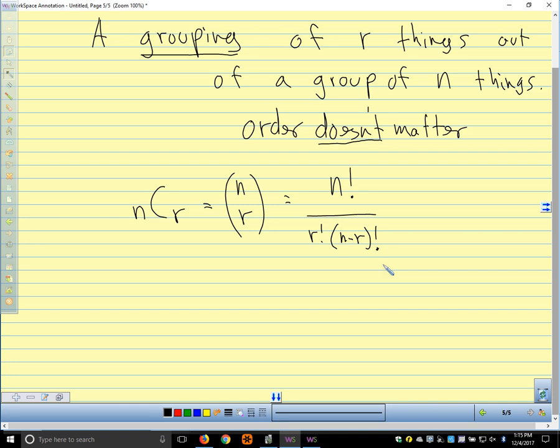So the binomial coefficients are the same as the number of combinations of taking n things r at a time. So binomial coefficients and combinations are the same thing. So that's an interesting connection. And here order doesn't matter.